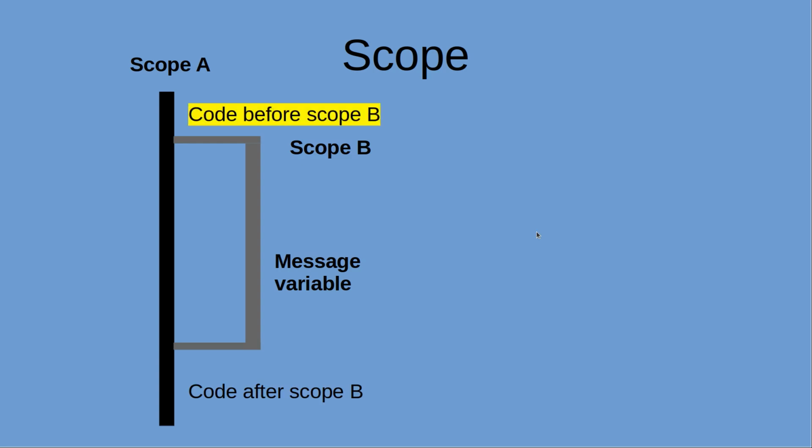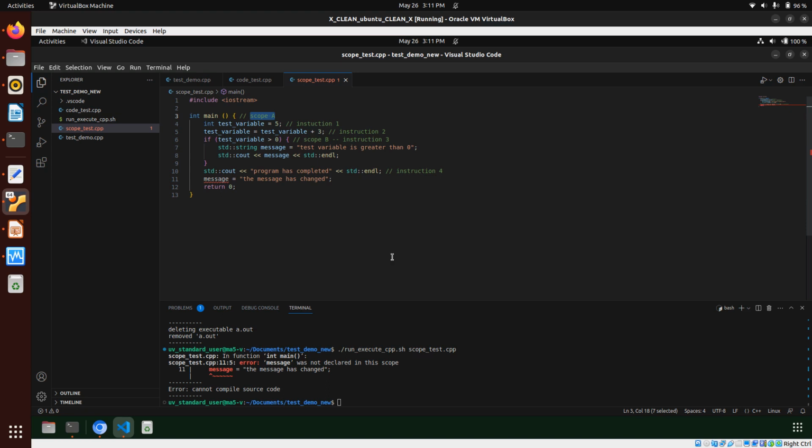First, the code before scope B runs, so creating the int and then adding 3 to it. Then, scope B, the if statement, executes. Finally, the code after scope B executes, which was the message to the terminal saying that the program was completed. Whenever a scope executes, the code within that scope runs.